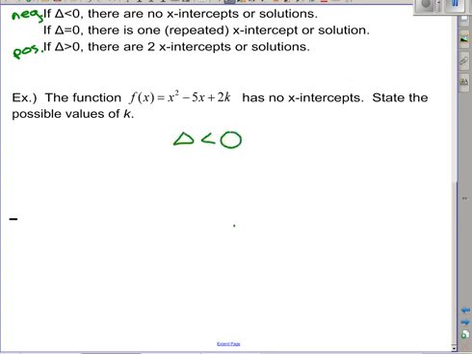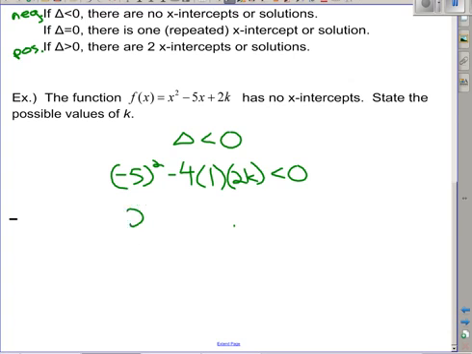That's likely going to be worth M1, just writing that. Now the discriminant is b squared minus 4 times a times c, and c is 2k in this case. It has to be less than 0. Okay, we'll simplify a little bit. 25 minus 8k is less than 0.